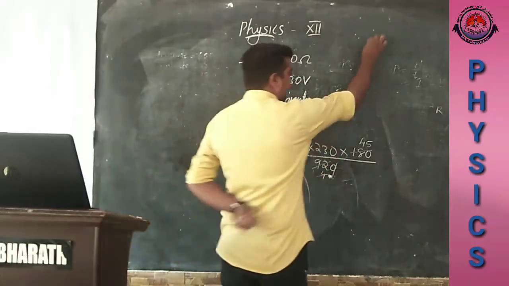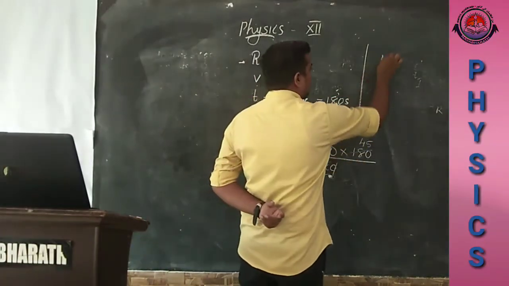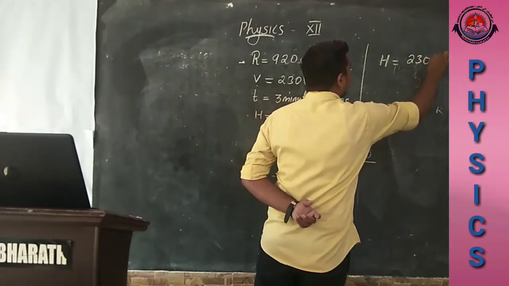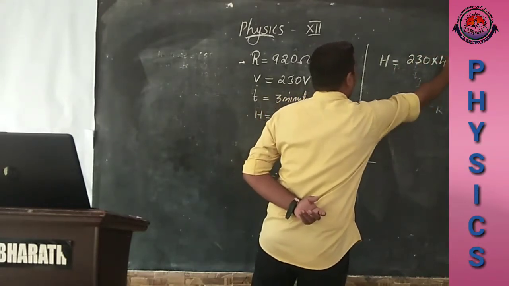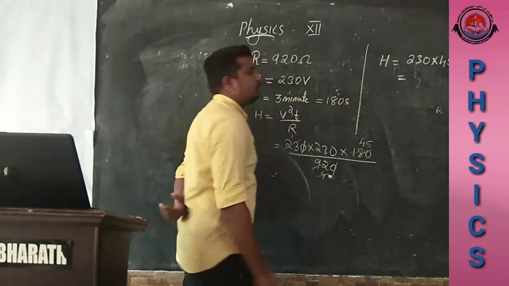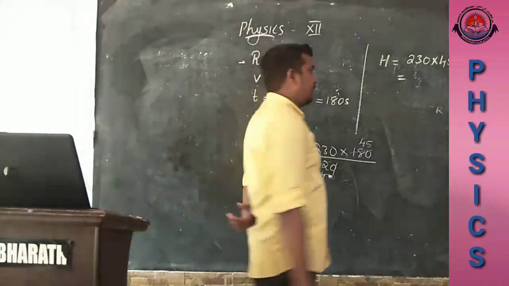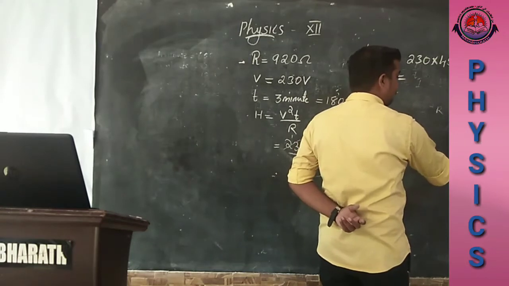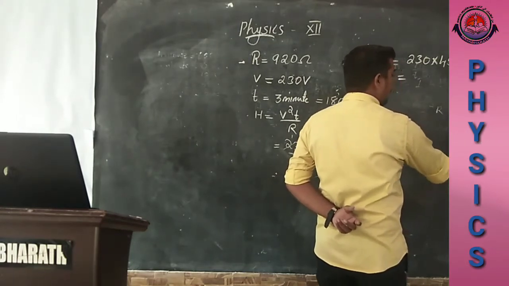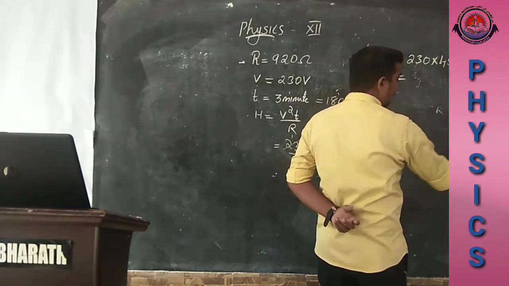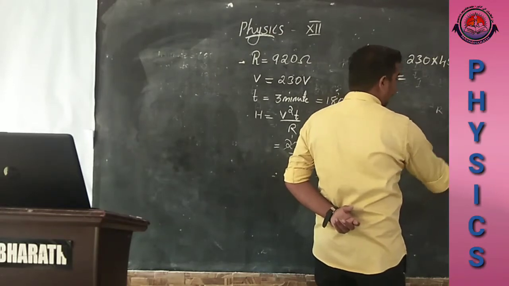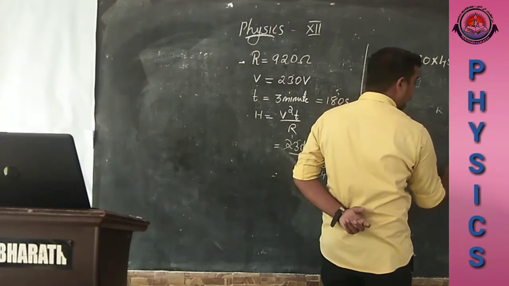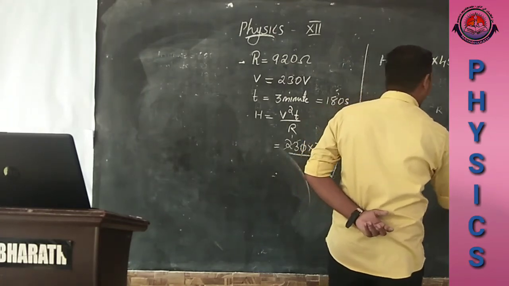Okay, balancing things, H is equal to 230 into 45. What is the answer? That is 23 into 45, which is 1035.